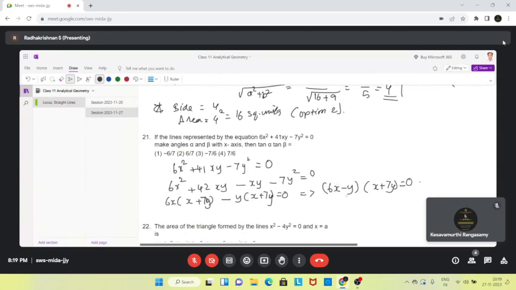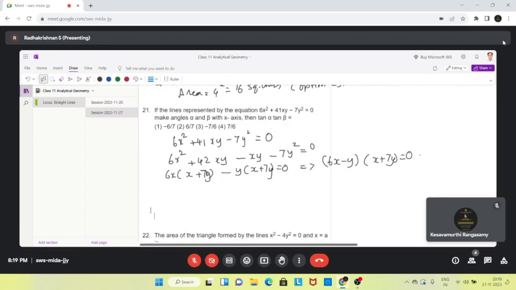So 6x minus y into x plus 7y equal to 0 gives the two factors represented by this system of lines 6x square plus 41xy minus 7y square equal to 0.